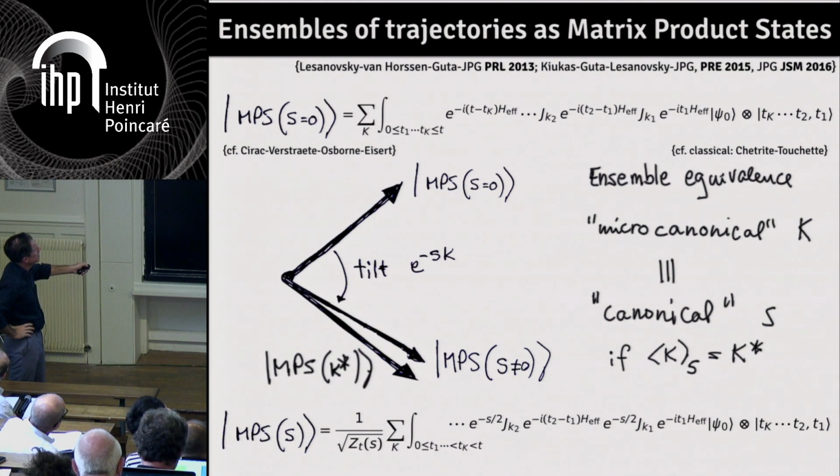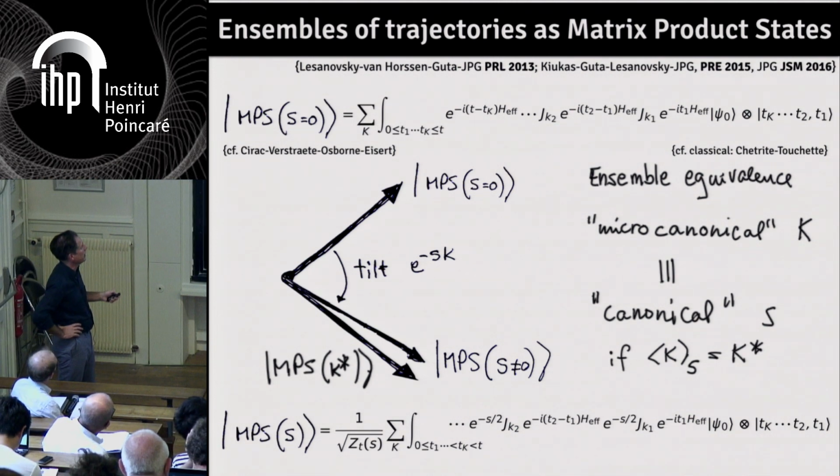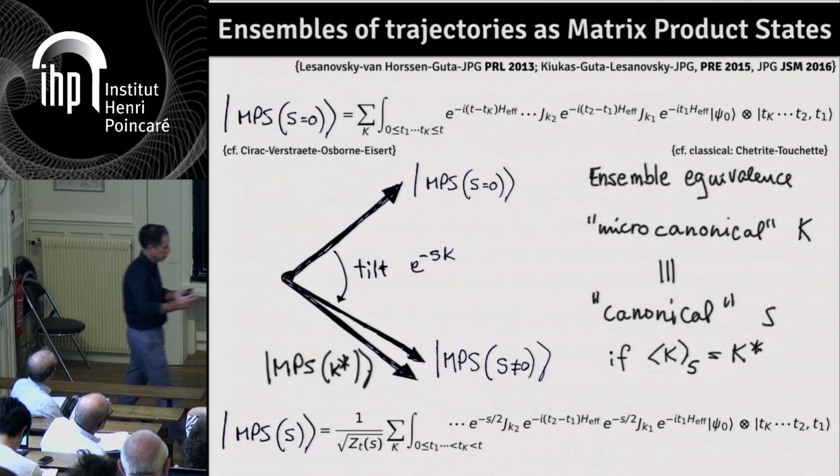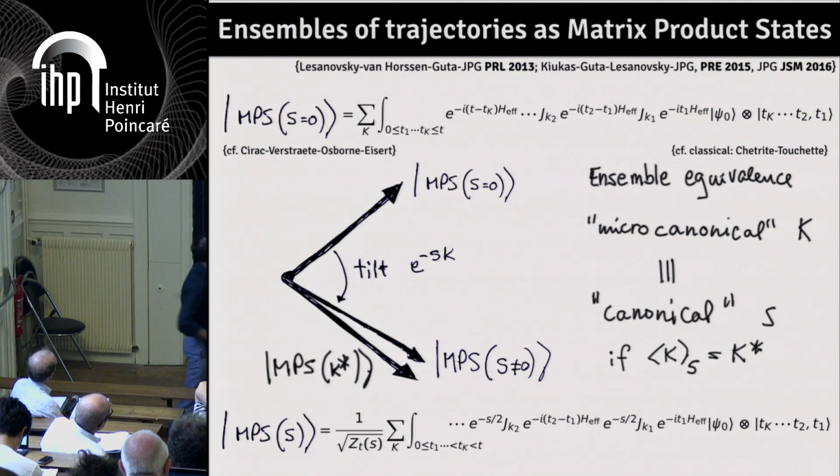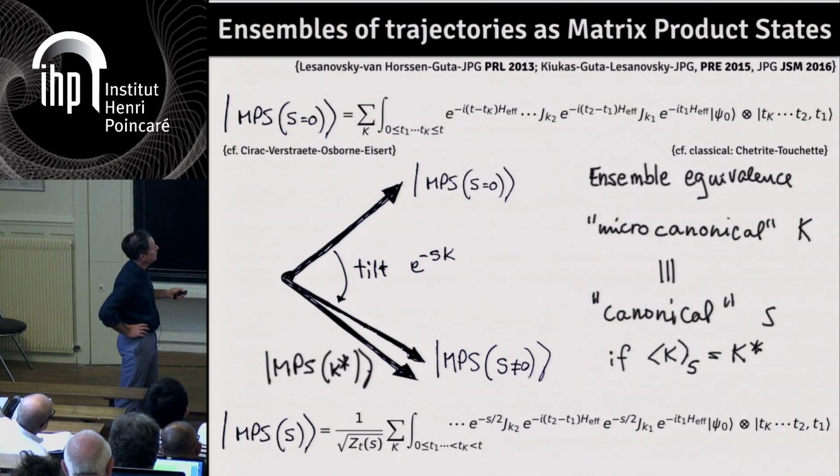Well, it so happens that in the limit of long times, these two ensembles become essentially equivalent. There is ensemble equivalence. There is a version in the classical case by Chetrit and Touchet, but this occurs in this quantum Markovian system, as long as the conjugate field, which sets the average in the canonical ensemble, is set to give you an average which is the same as the fixed value in the microcanonical ensemble.